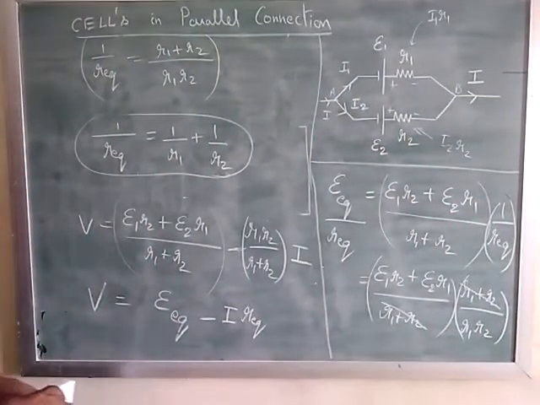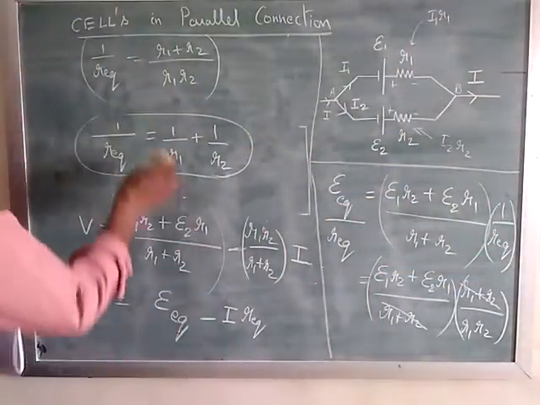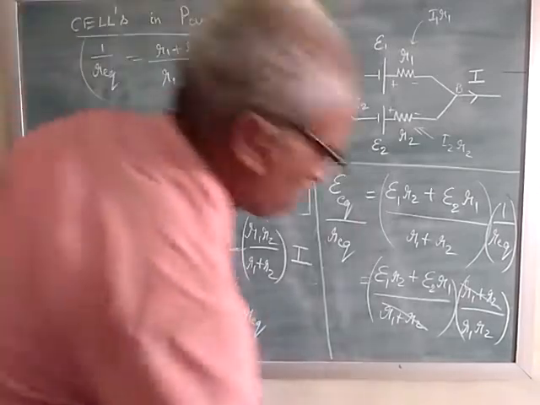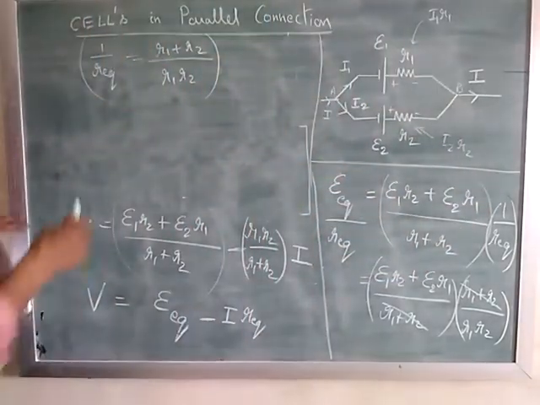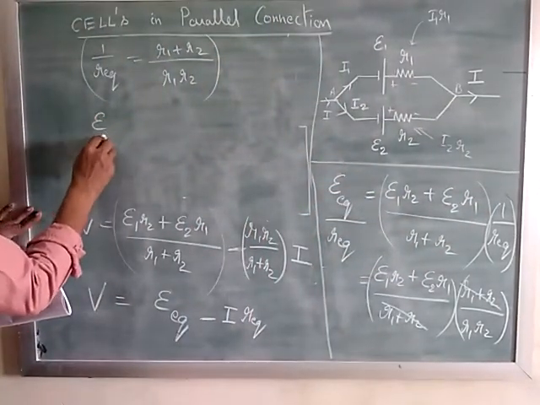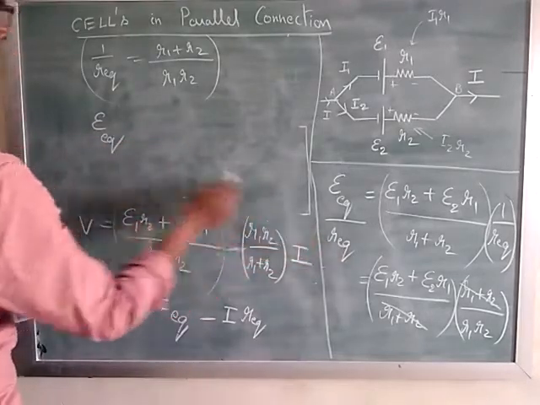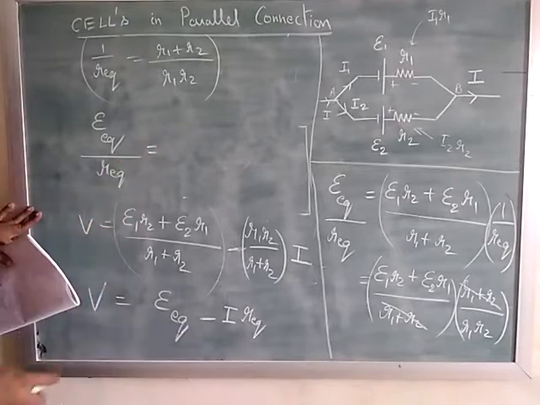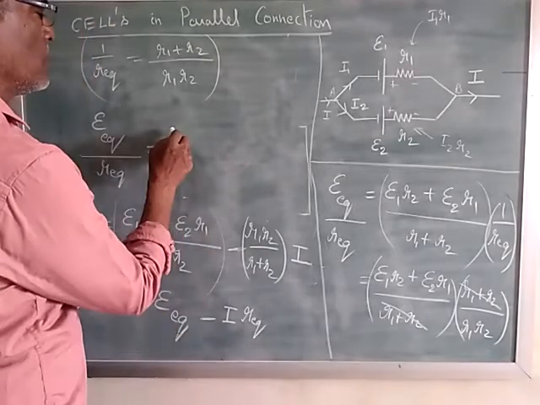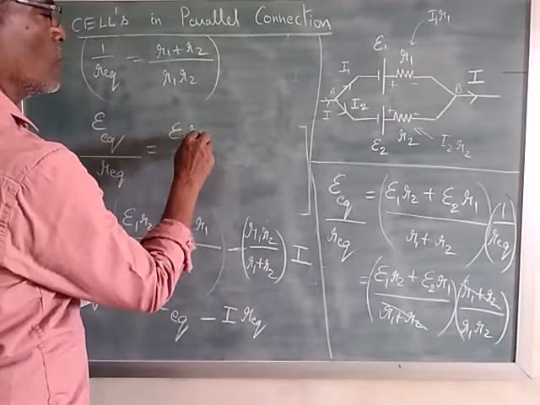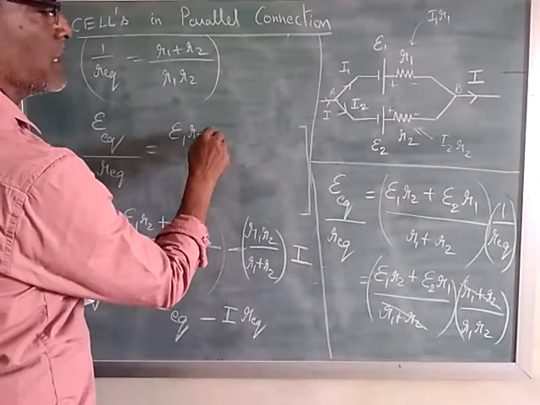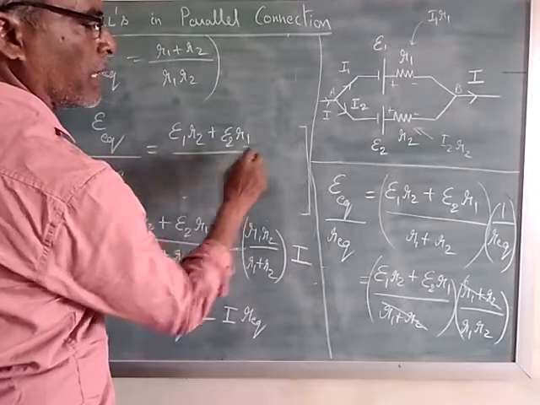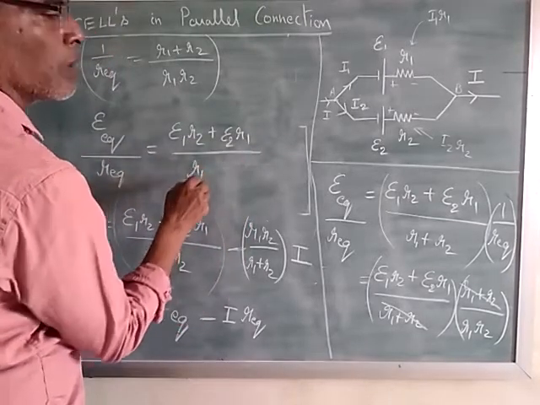So therefore, E equivalent by R equivalent is equal to (E1 R2 plus E2 R1) by R1 R2.